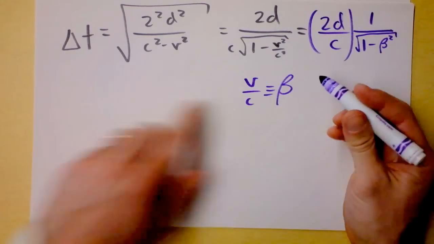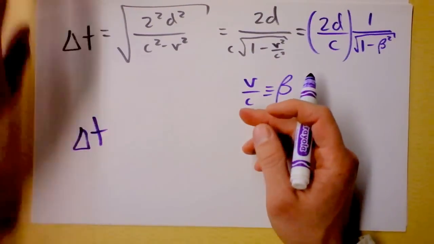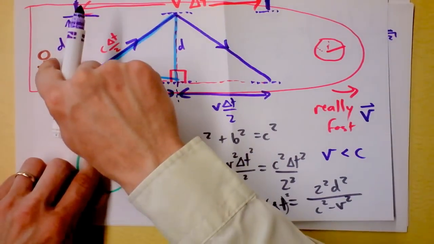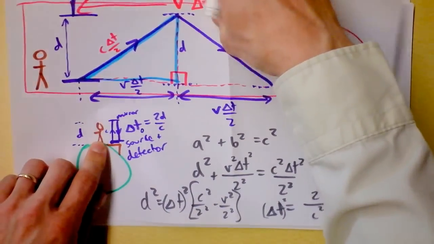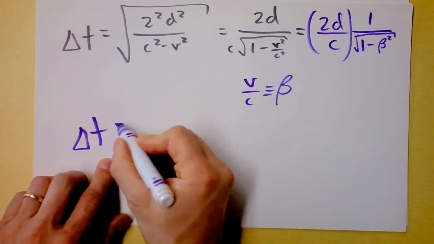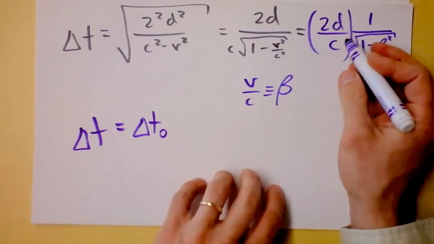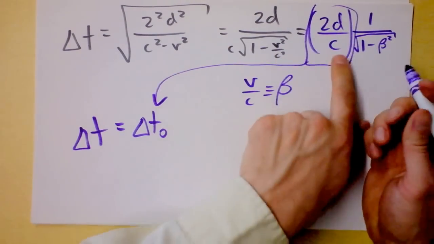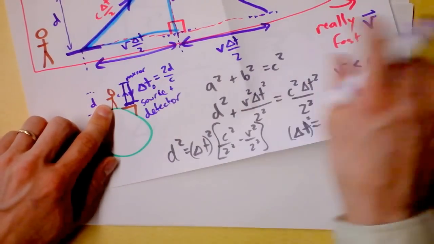Because we find that this delta t is the time that my stationary observer says it takes this clock to make a tick. Let's see what it looks like. Delta t is going to be delta t naught. That's this right here. Look, it's right here. That's delta t naught. That's the time that this observer says is an actual tick.